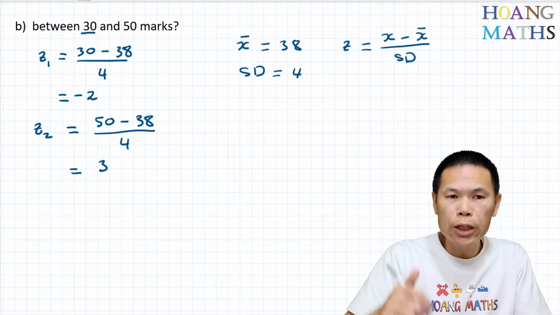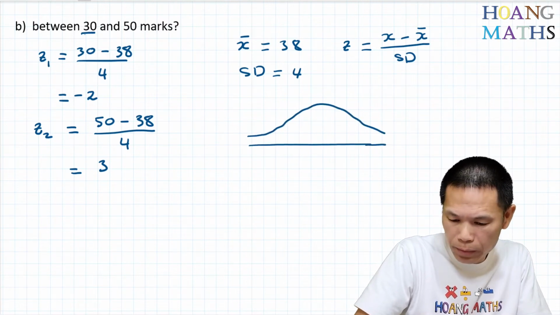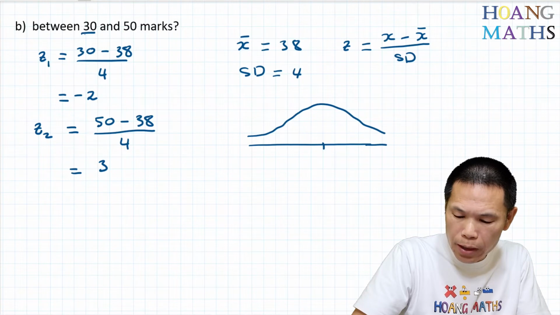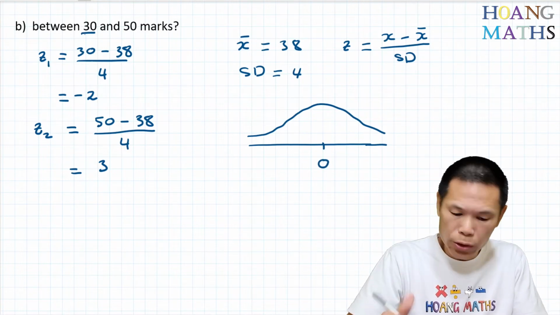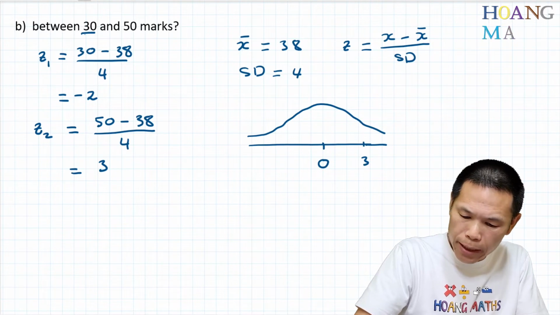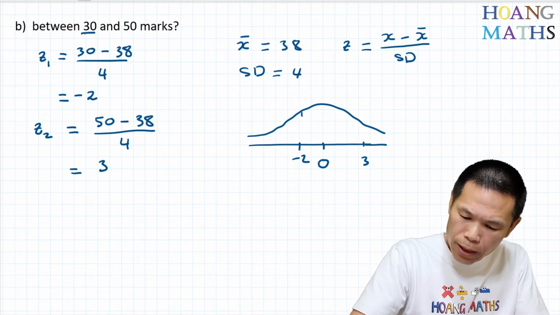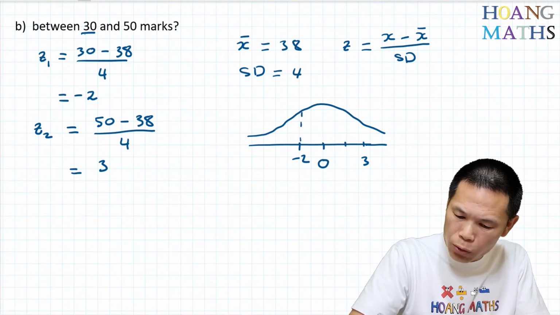So let me just quickly draw a normal curve out. So this is the mean, that is z is equal to 0, and we have z is equal to 3, and z is equal to -2. But don't forget, we always draw symmetrical. So if it's -2 here, we draw +2 here as well.